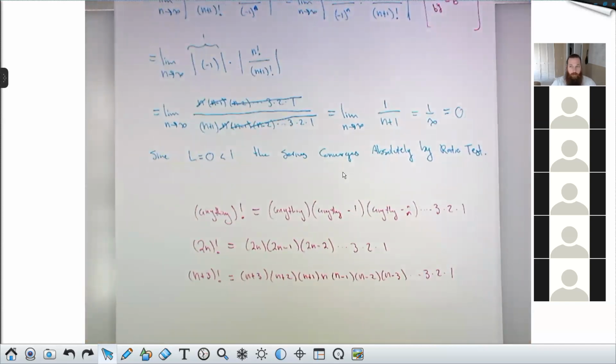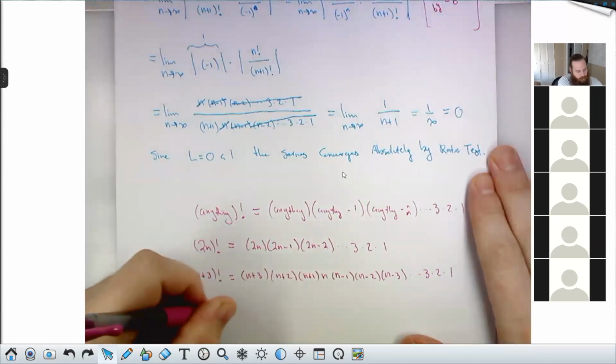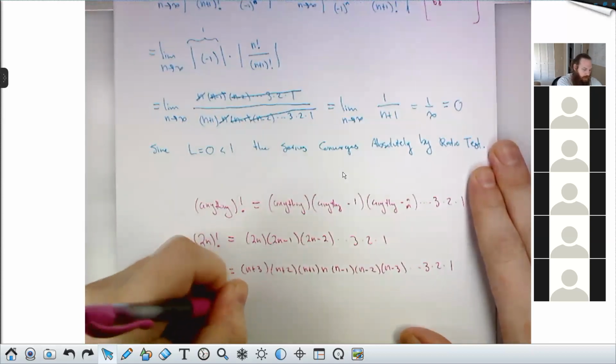So the factorial of any number is the product, that number minus 1, that number minus 2, that number minus 3, that number minus 4, all the way down to 1. In general, if you like it, you can write n factorial in this capital pi notation.